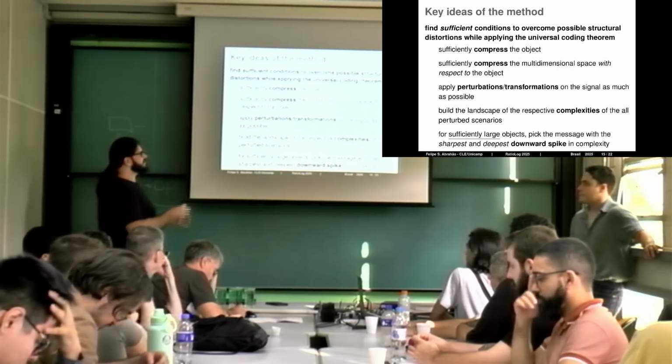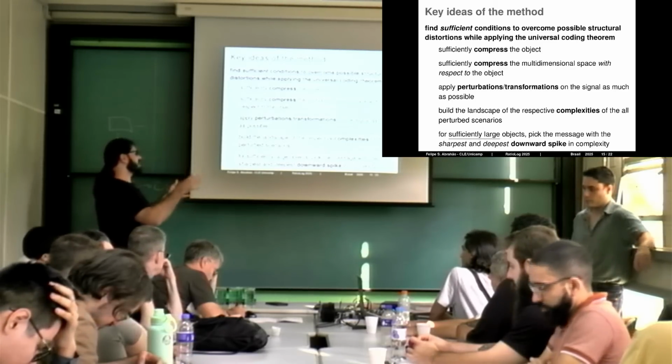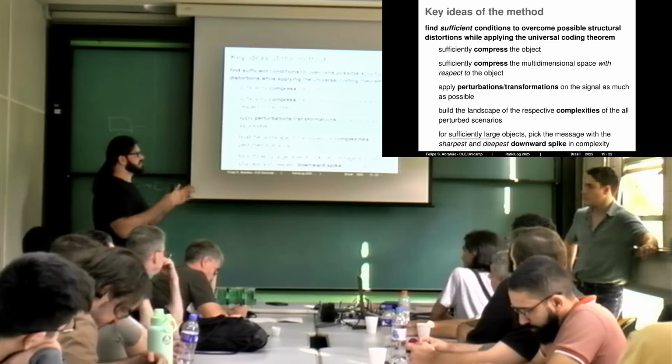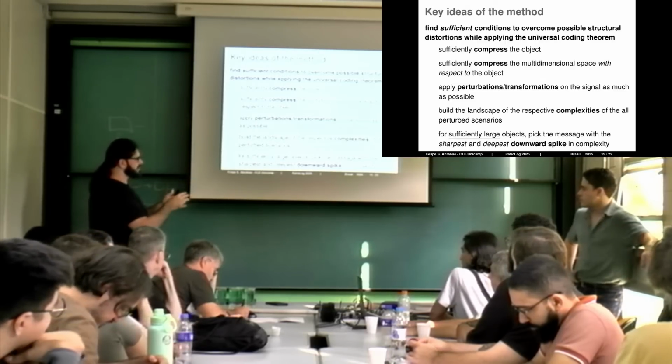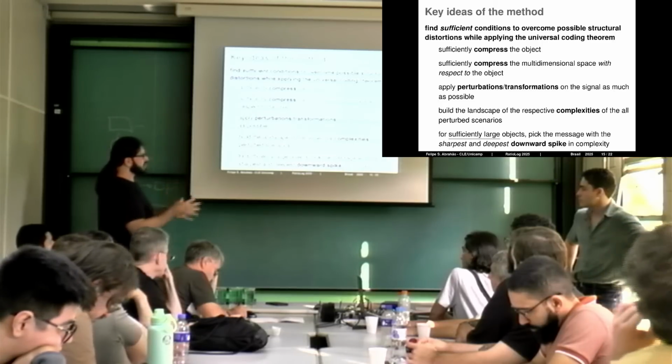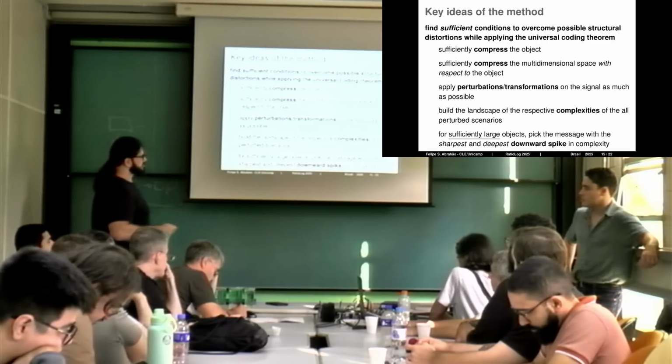And then, even though you cannot calculate, you can only approximate the value. This is called semi-computability. You can approximate the value, and you never know how close you are to the optimal value.